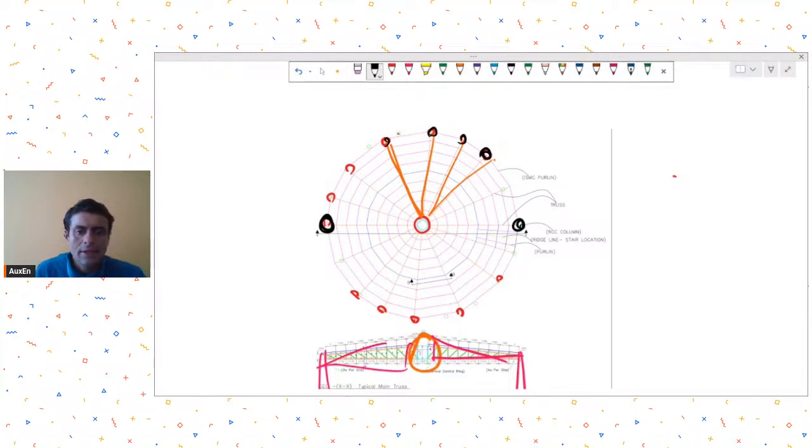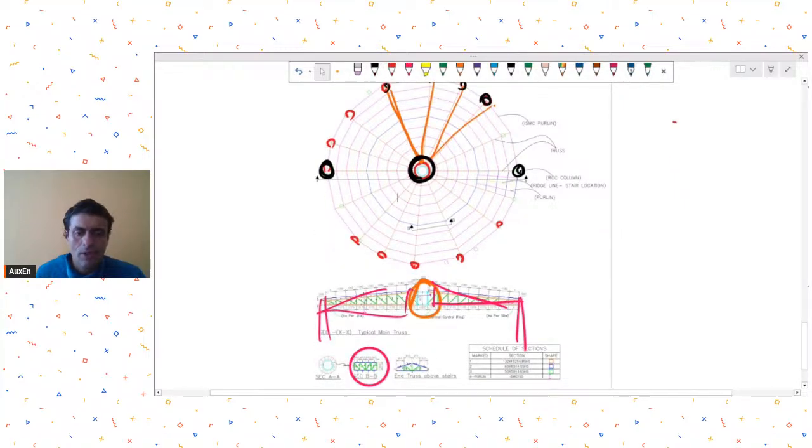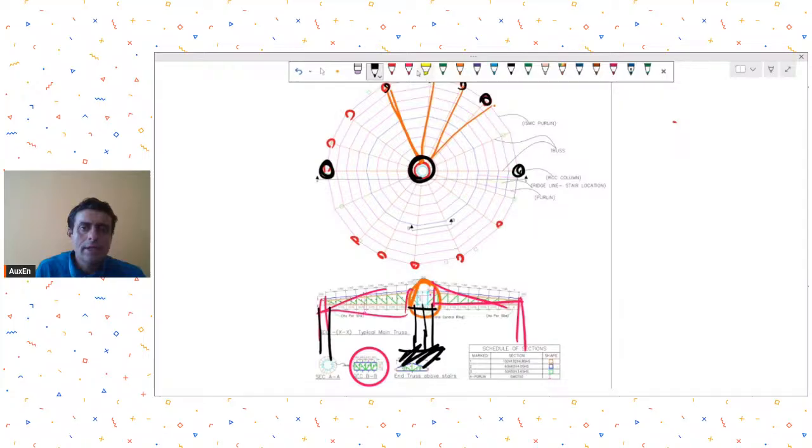This ring they will install and support it by props. So this ring will be installed and supported by props. Okay, these columns will be placed, and then you have to start placing these trusses. Remember that this compression ring will be only stable when all the trusses from all the sides are connected.